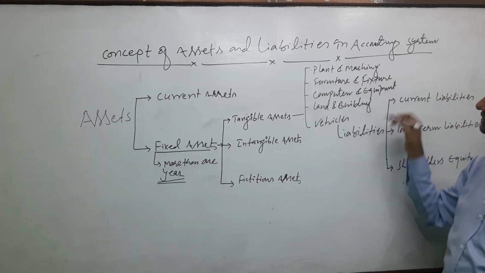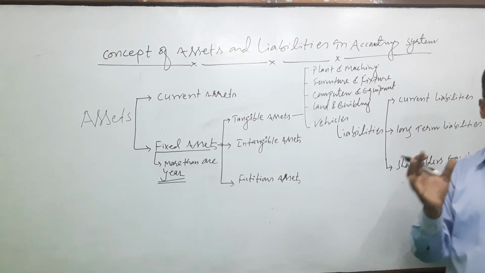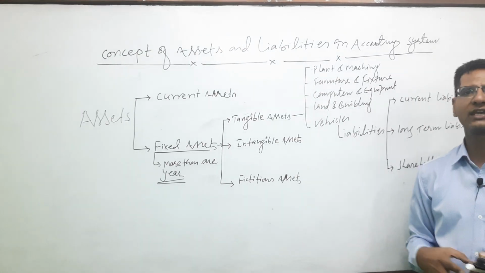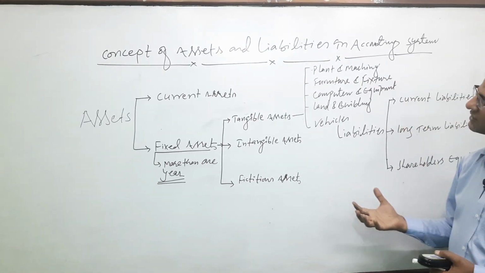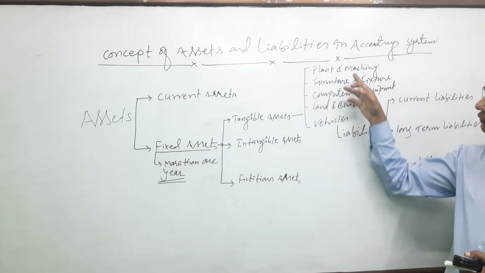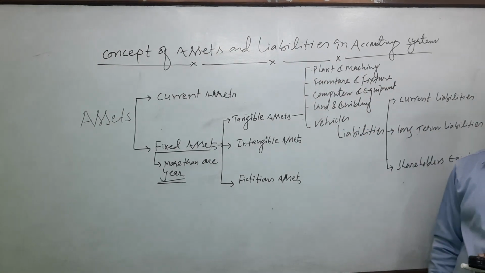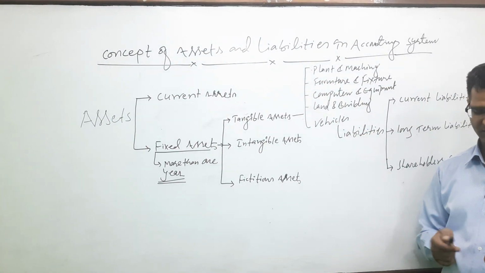These are different types of fixed assets which have physical existence. Really, we can see and touch such assets or such properties. Without these assets, we cannot do anything in the business.